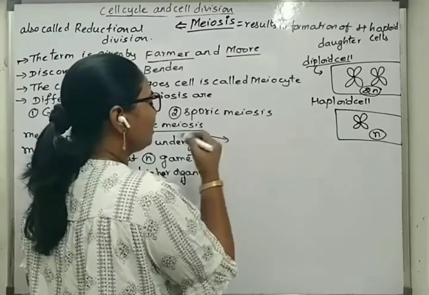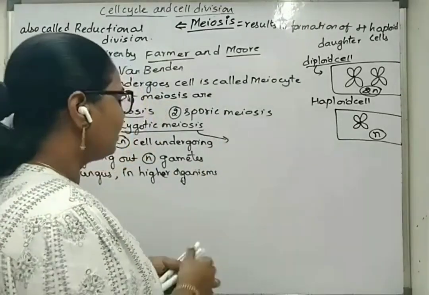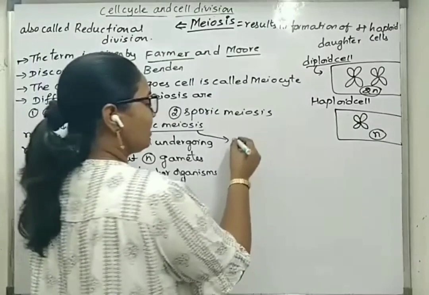In case of zygotic meiosis, zygotic meiosis is seen in haplontic life cycle.